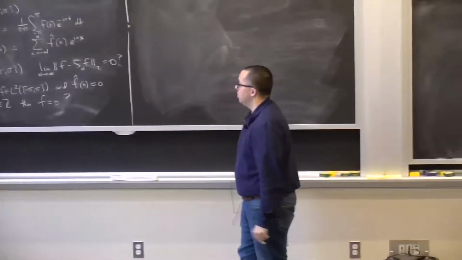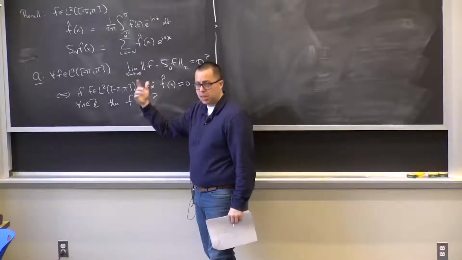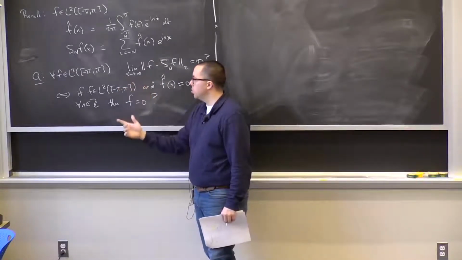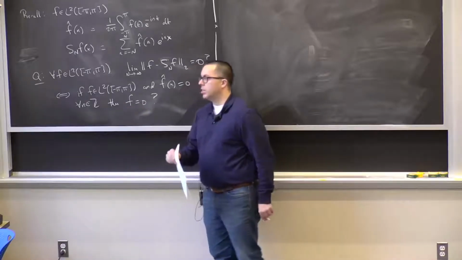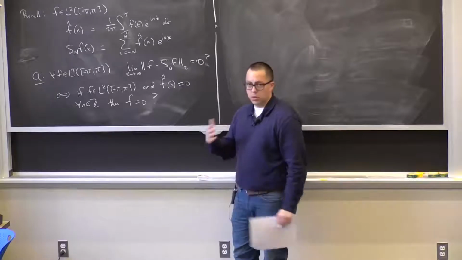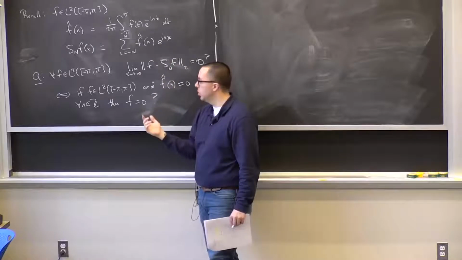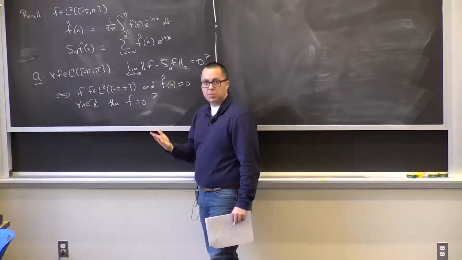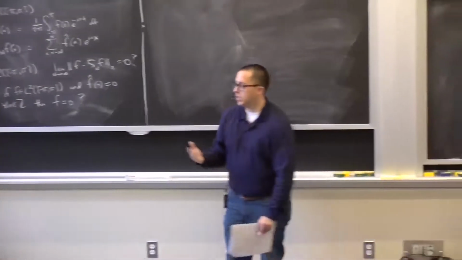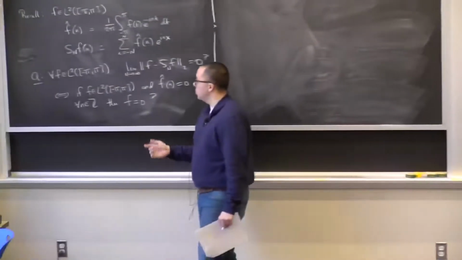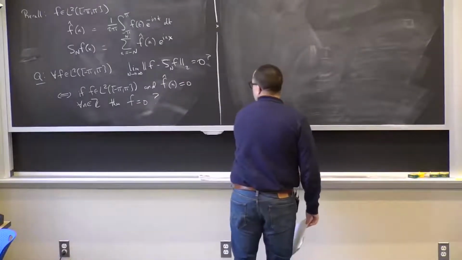So, big L2 is a Hilbert space. This question is equivalent to this statement, which is that the collection of orthonormal vectors in big L2 consisting of the exponentials divided by square root of 2 pi is a maximal orthonormal subset, or using the terminology we had from last time, does that form an orthonormal basis? So this is the statement that we're going to prove this class.